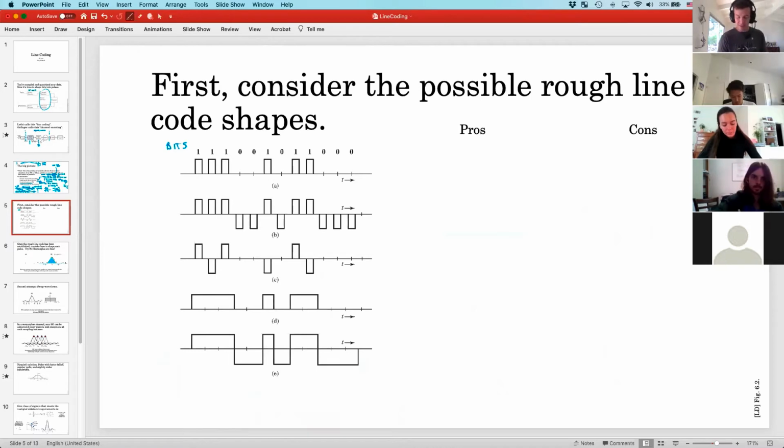The most basic would be a 1-bit gets a positive pulse, and all these pulses are rectangles, but there's actually nothing special about that, it's just because rectangles are easy to draw. So let's assume we're dealing with rectangles for now. Subsequent lectures will be talking about what we can do better than rectangles. The simplest is simply 1 bits are on, 0 bits are off. Doesn't get any simpler than that.